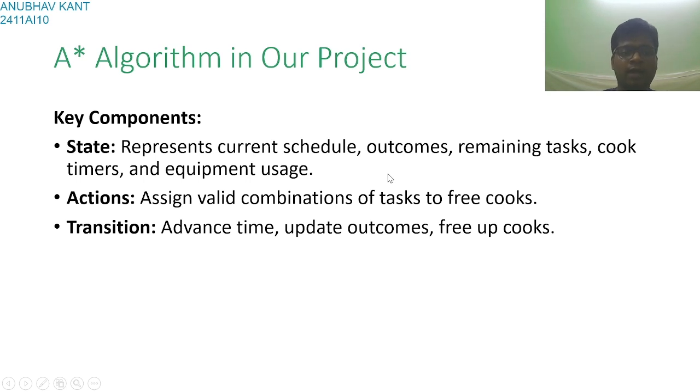Actions are the valid combinations of moves of a task to free cooks. And in transitions, we move from one particular state to another, updating time, outcomes, and freeing up the cooks. Here we either free up the cooks or make the cooks occupied with a certain subtask.